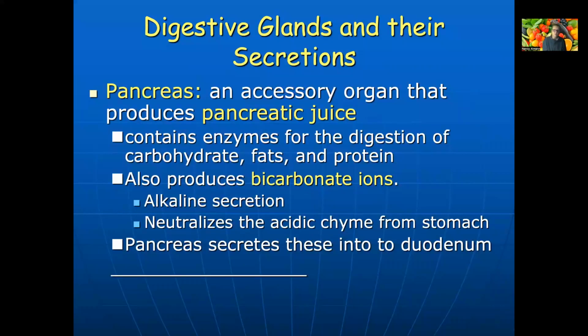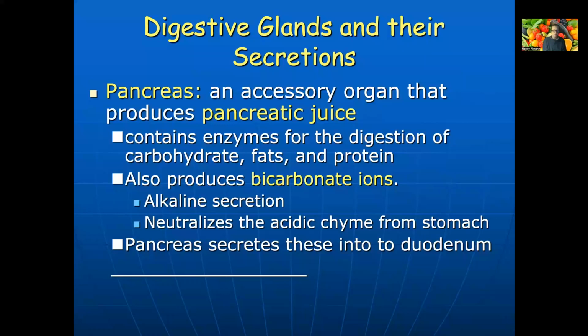Pancreas, also super important. It is going to produce and release enzymes that you require for the breakdown of those macromolecules. It will also produce and release bicarbonate ions. And why do we care about bicarbonate ions? Remember that the acidity of the stomach is pretty amazing.